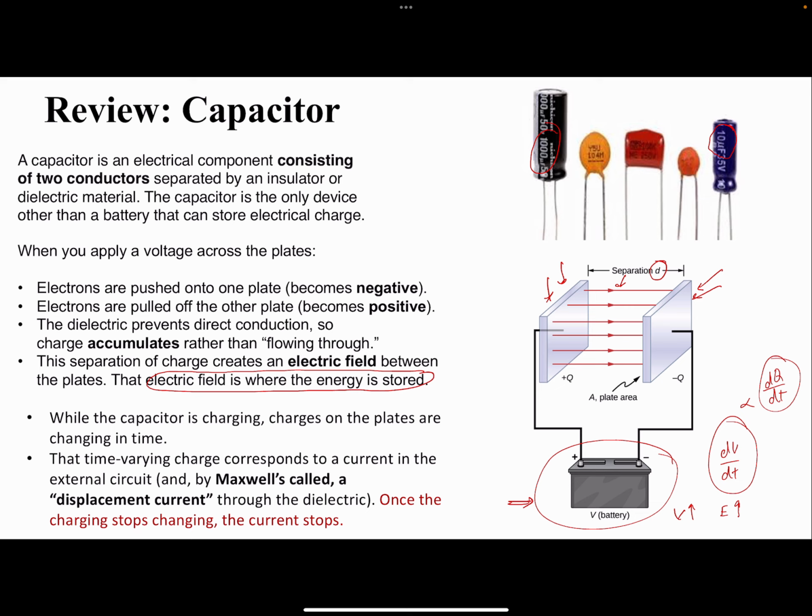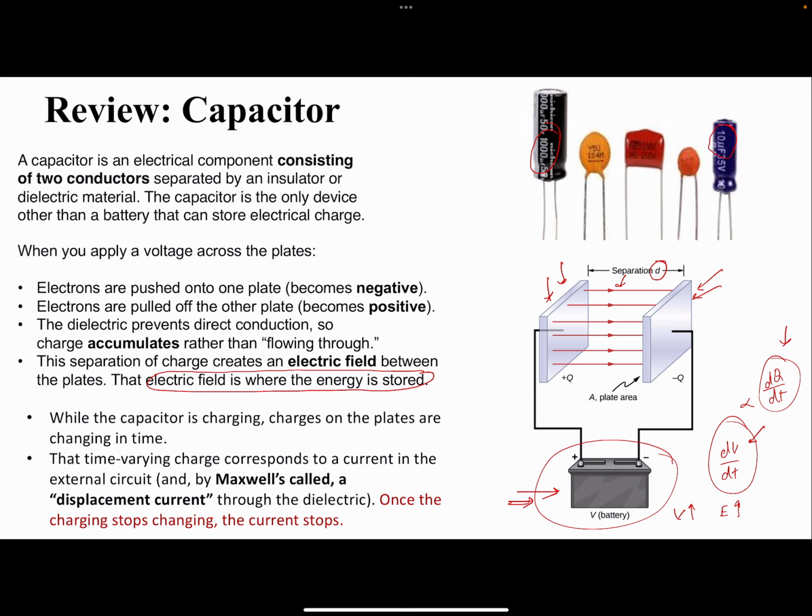If you have a DC voltage source, and once that reaches a final value, or the steady state, the changes in dV by dt, the changes in the voltage with respect to time, will stop, and this will stop dq over dt, the time rate of change of charge on the plates of the capacitor that is shown over here.